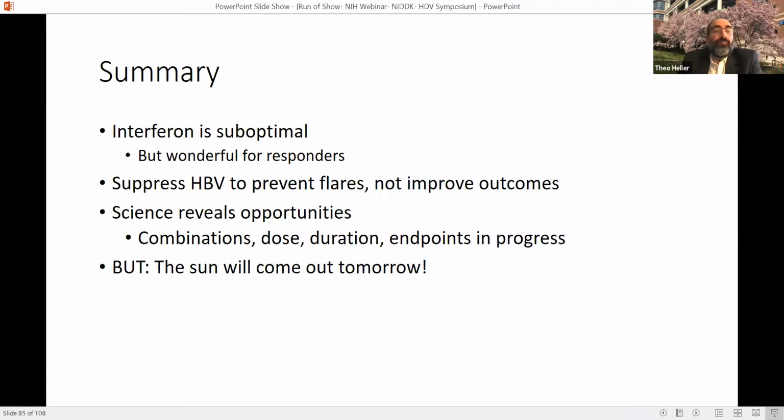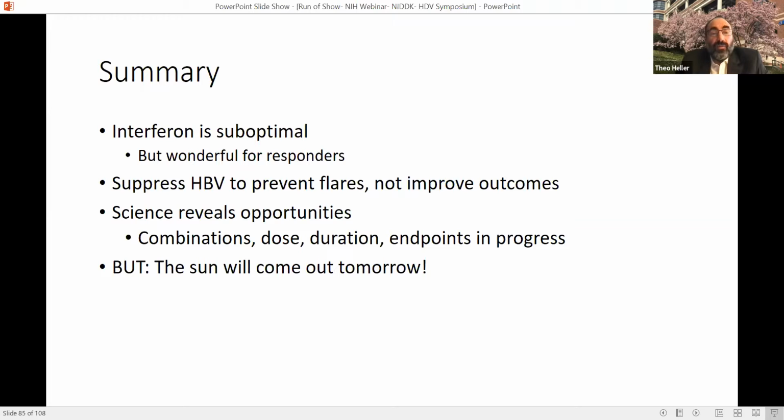Next slide, please. So in summary, interferon is suboptimal, but it's wonderful for those who respond. We want to suppress hepatitis B to prevent flares, but not necessarily to improve outcomes. It doesn't seem to do that. Science reveals opportunities, and groundbreaking basic science done over the last 20, 30 years has led to multiple new drugs with more in the pipeline.